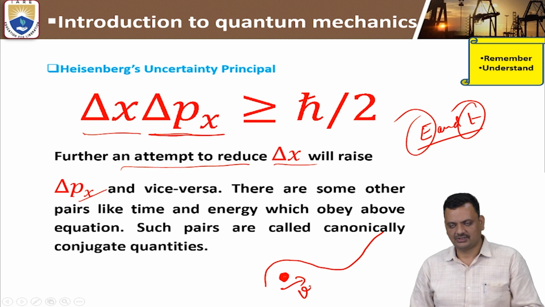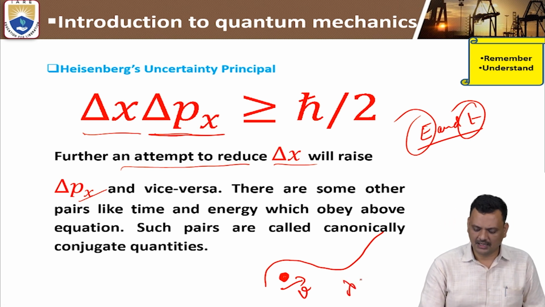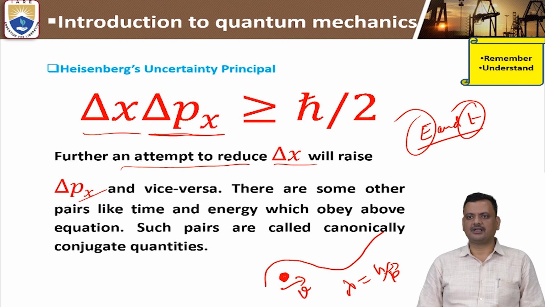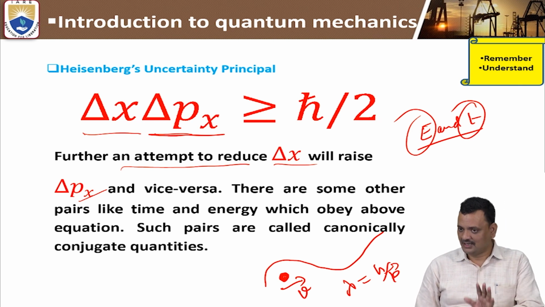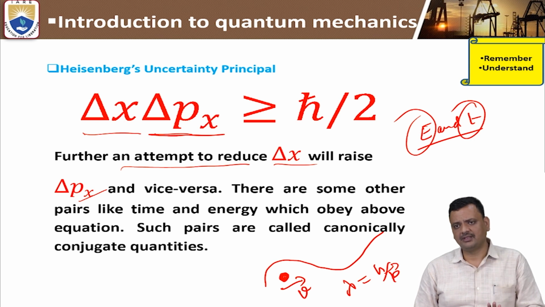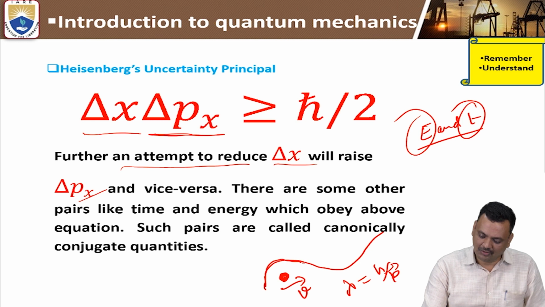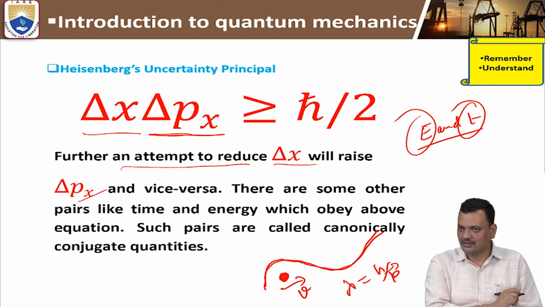A wave is associated with this moving particle, having wavelength lambda equal to h upon p, where p is momentum, a vector quantity. Now you are very familiar with the wave equation. De Broglie gave the formula of the wavelength of that wave.